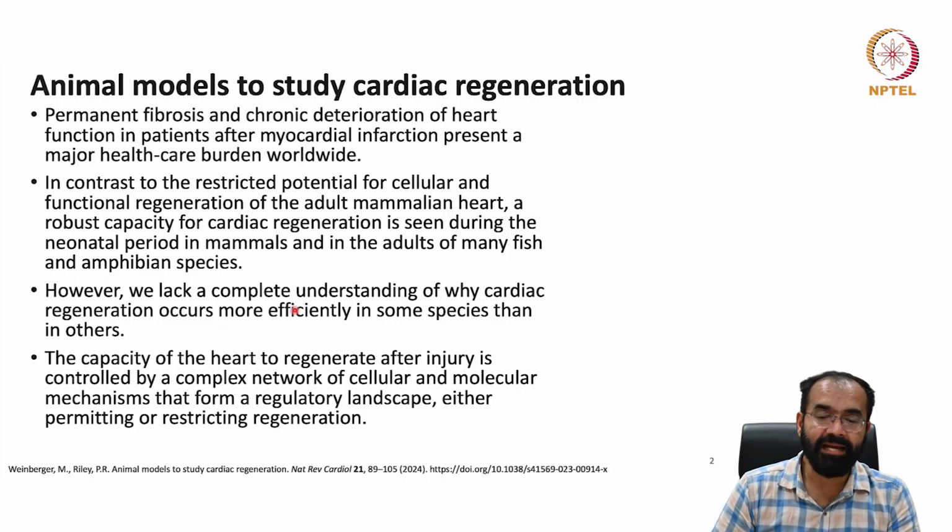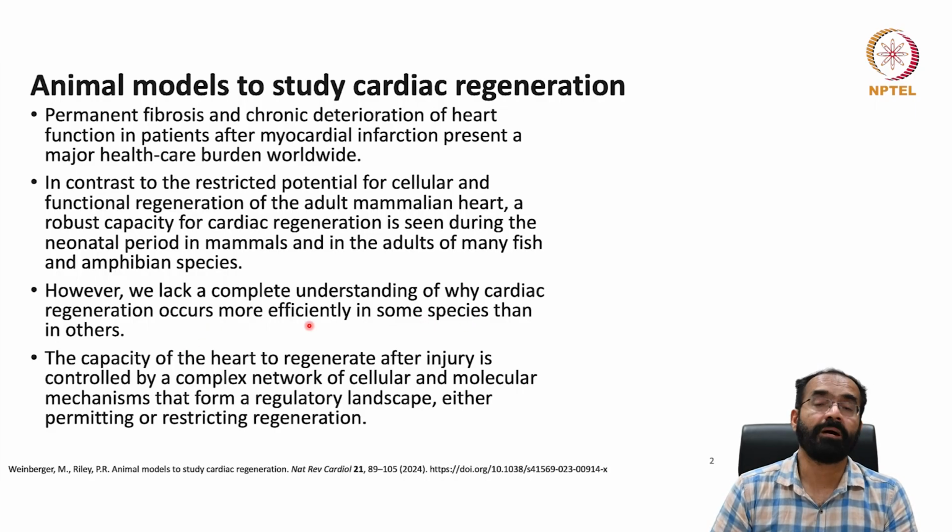However, we lack a complete understanding of why cardiac regeneration occurs more efficiently in some species than in others. This baffles researchers. In the adult phase of some animals, the heart can regenerate after damage, whereas in others the heart responds to cardiac injury by scar formation.